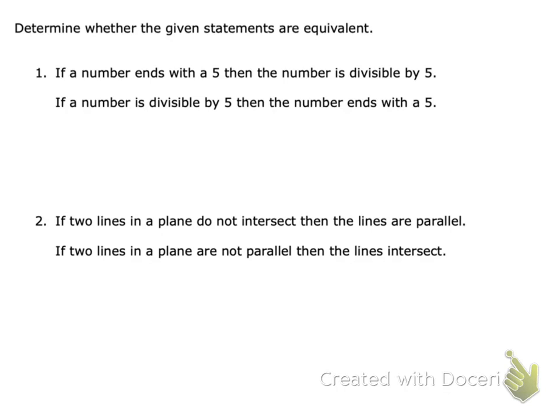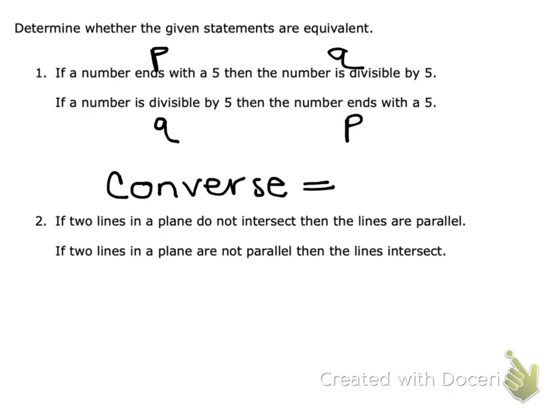Okay, our original is if P, then Q. When we look at our second one, what has it done? Switched them. So if Q, then P. What type of statement is that? Converse. Is that equivalent with conditional? No, so not equivalent.